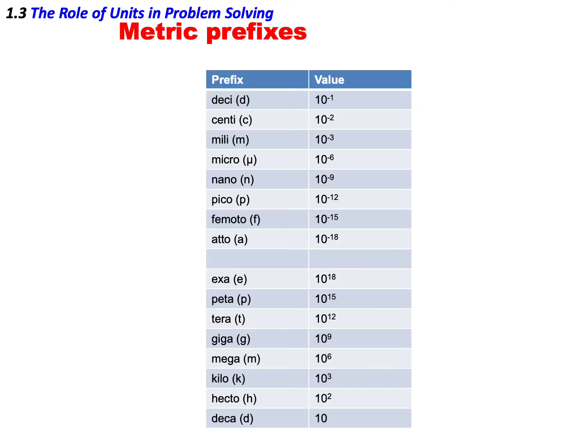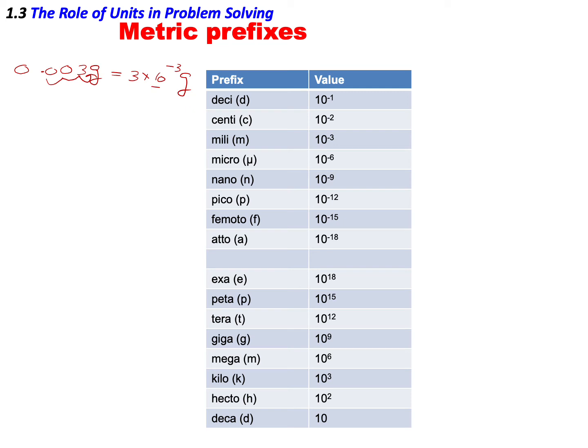Okay, let me take an example and show you how you can understand these prefixes in problems, and how you can use these prefixes. Let's say 0.003 grams. You can shift the decimal point 1, 2, 3 places to the right, and you can write 3 times 10 to negative 3 grams.